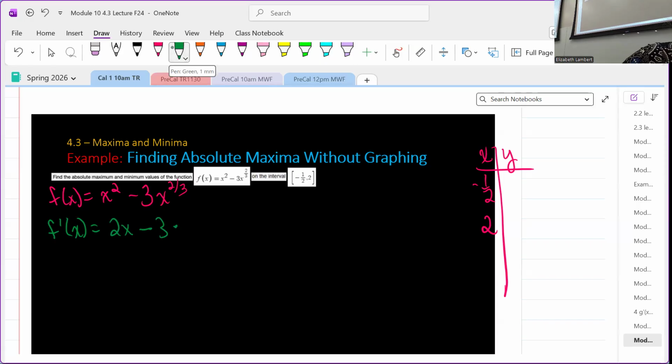We can still use our power rule. So we'll have 2/3 x to the negative 1/3. 2/3 minus 1 is negative 1/3. And then this is what we're setting equal to 0.